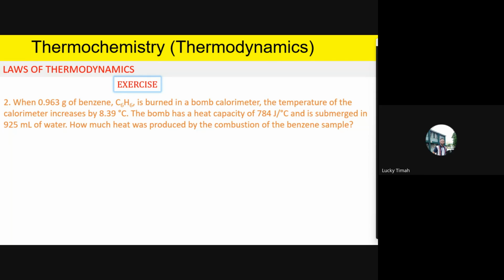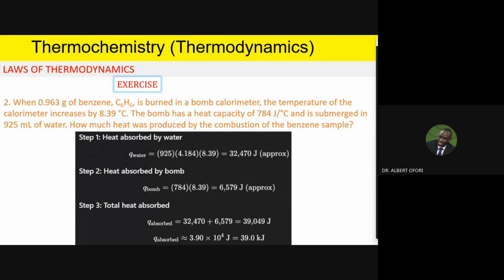Can I mention my answer? What did you get? Somebody typed 39 kilojoules. Did you get 39 kilojoules? Or you didn't get that? So minus 39.0 kilojoules.